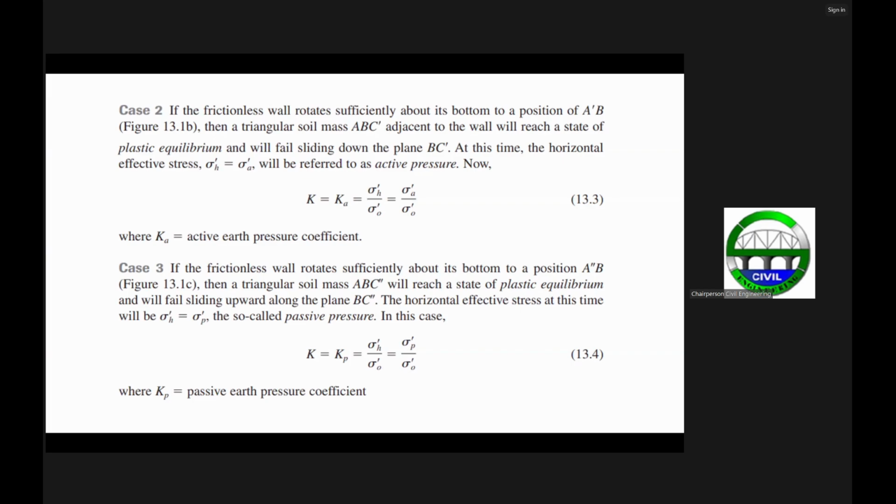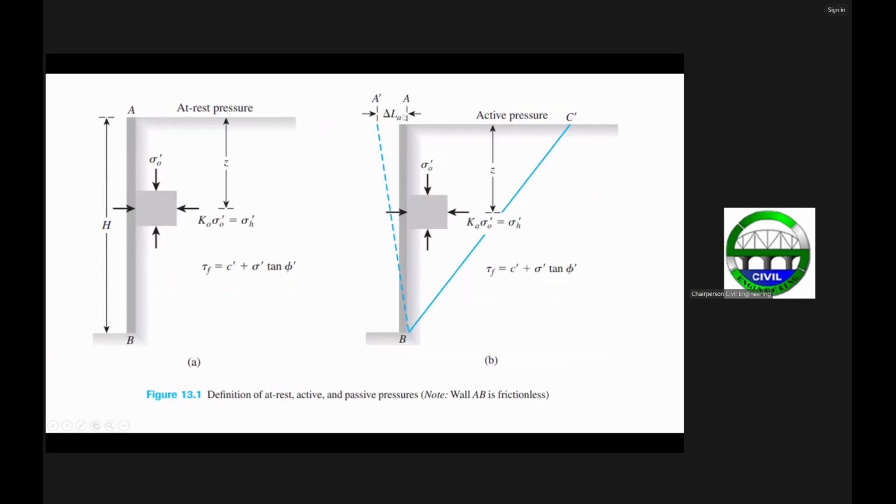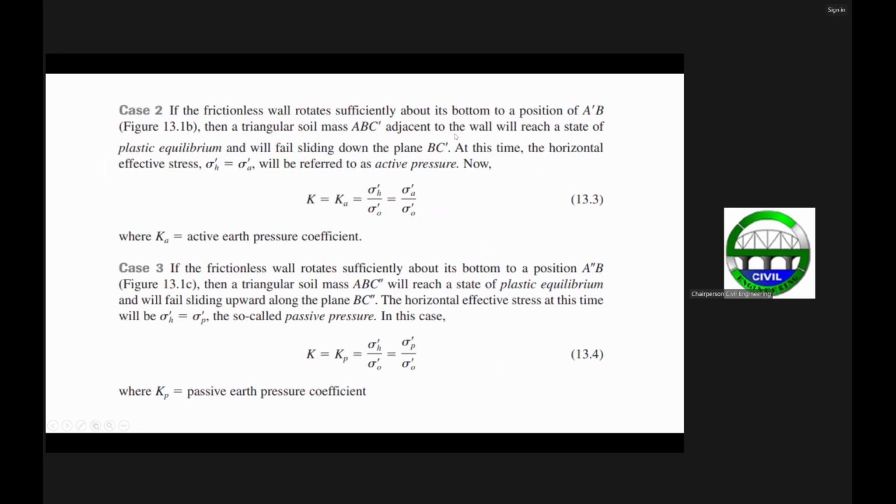So from the at rest earth pressure, since there is now wall movement away from the soil, with this displacement of delta L sub A, the at rest earth pressure will now become the active earth pressure.